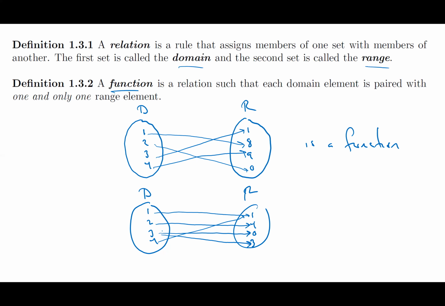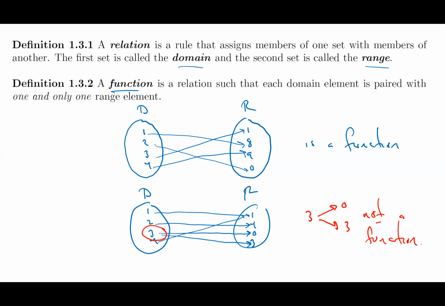Then notice that we have failed that condition of the definition, right? 3 gets sent to 0 and it gets sent to 3. So not a function, okay?